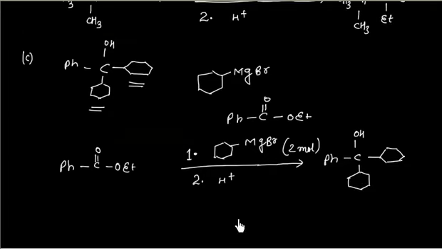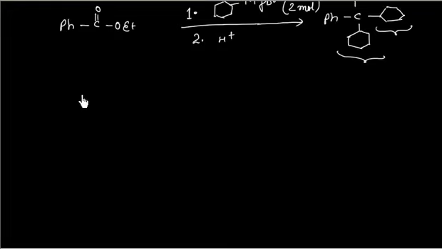So you see, whenever we have two groups that are the same, identical, we will always use this method, that is acid chloride or ester.